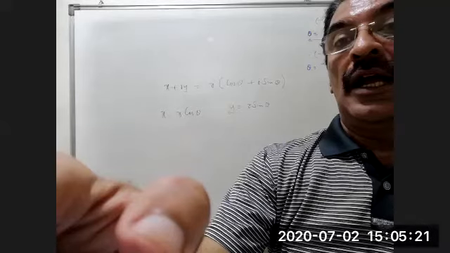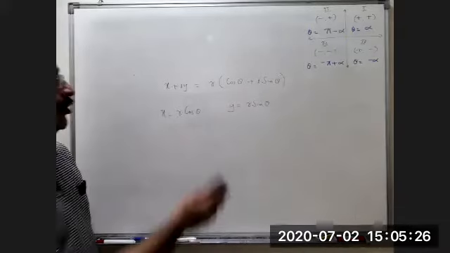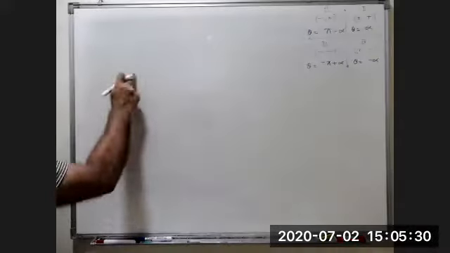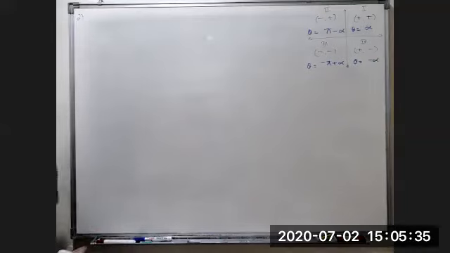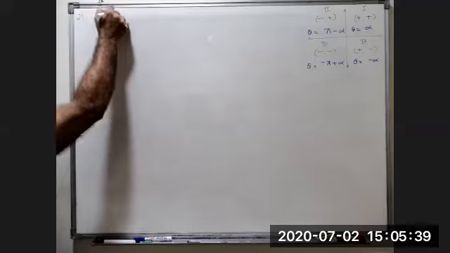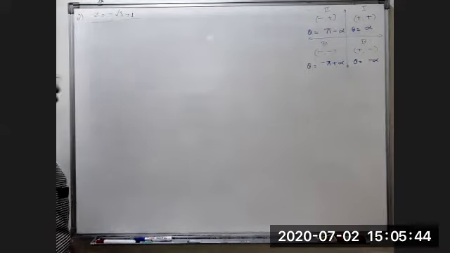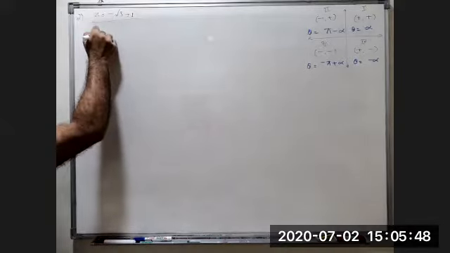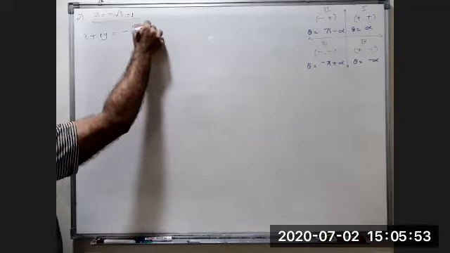Coming to question number 2. Write the polar form, find the modulus and angle of z equal to minus root 3 plus i. It's very easy. We write this as x plus iy, minus root 3 plus i.